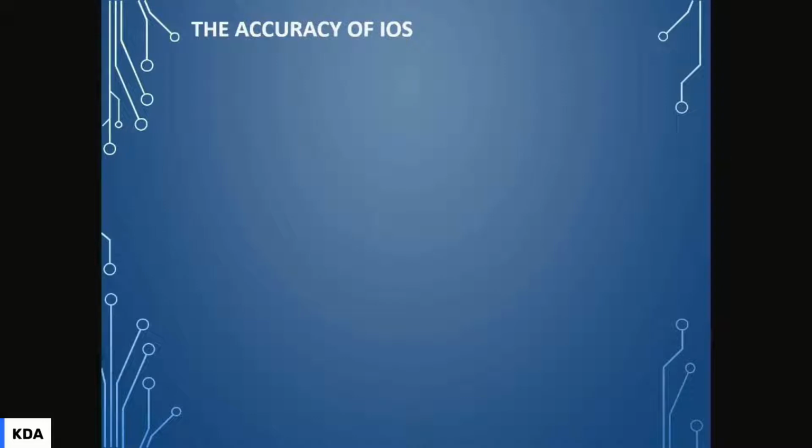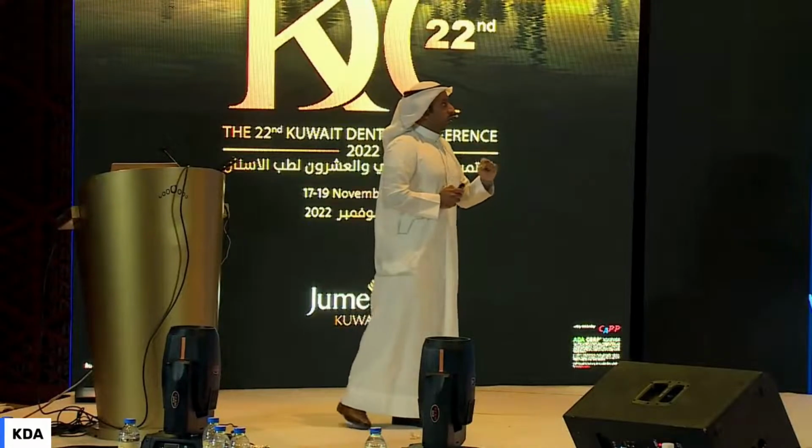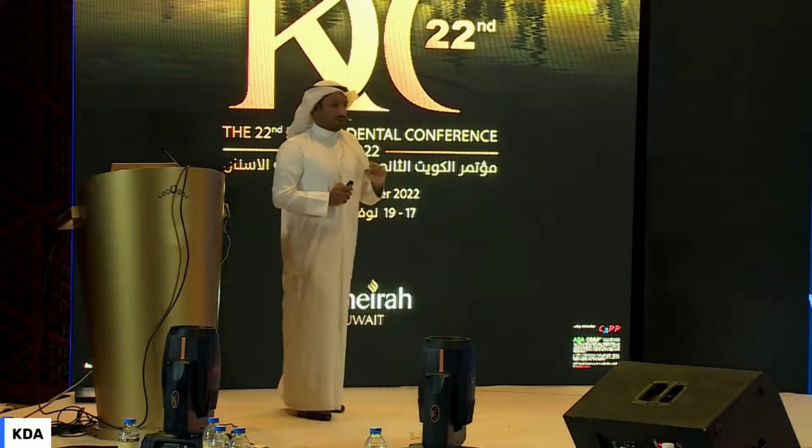So, is it accurate? Can we scan implants and make sure that those are accurate scans? Well, we need to know that in order to say that our scan is accurate, we need it to be at a minimum of 100 micron misfit and 0.4 degree level of deviation.